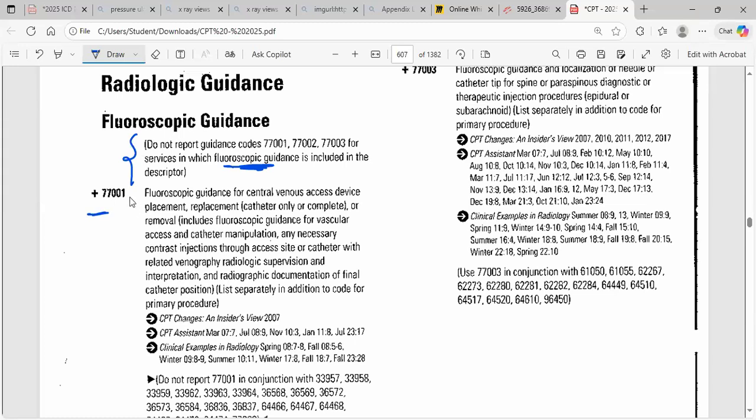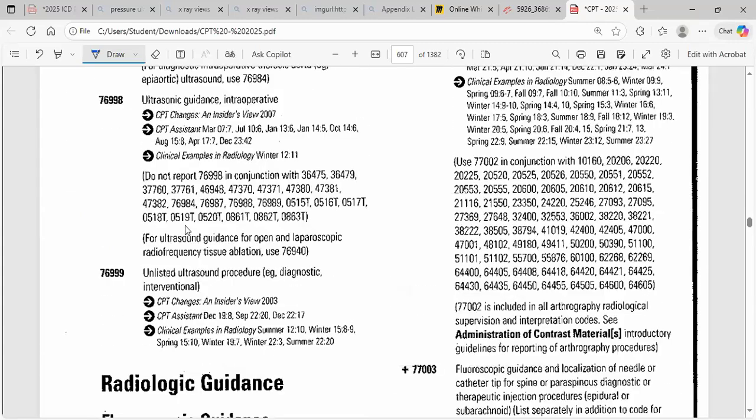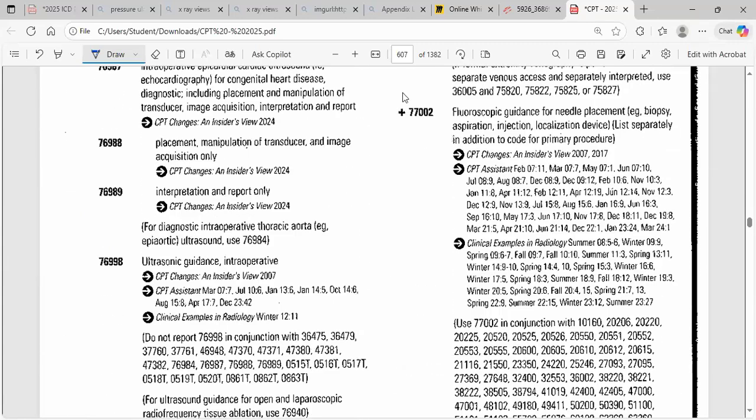So 77001 is for the vascular, 77002 is for the non-vascular. Non-vascular means any procedure which has been performed with a needle, but it is not on the arteries and veins.